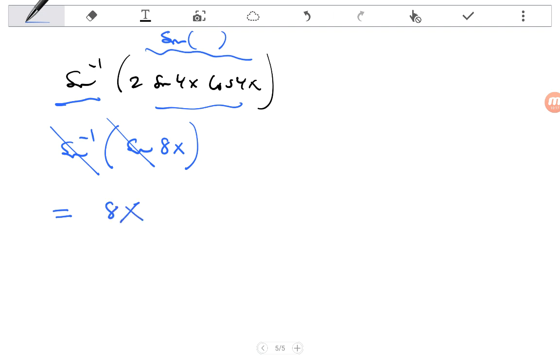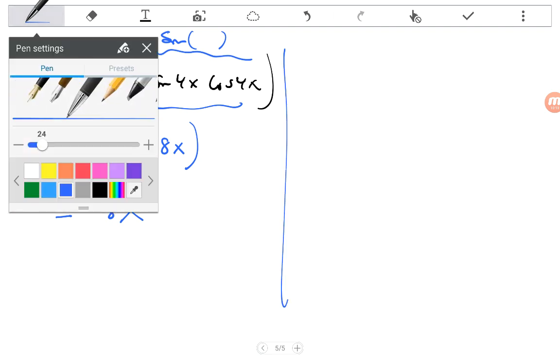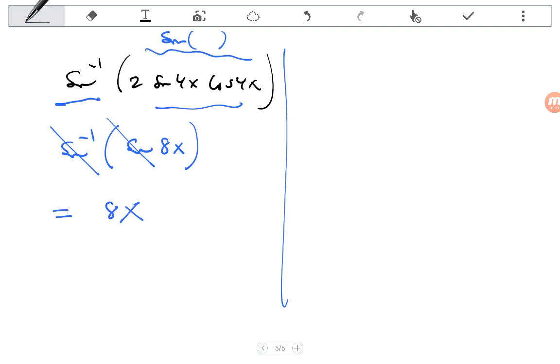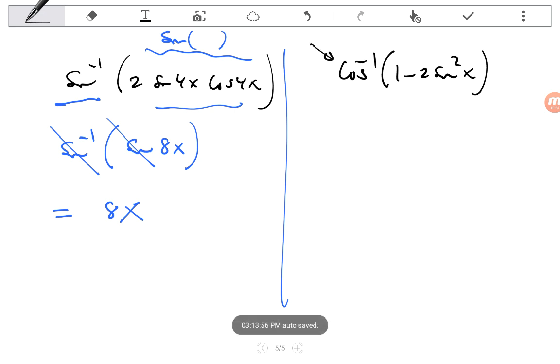Okay? What about this problem? Cosine inverse of 1 minus 2 sine squared x. Whenever the inverse function is inside, it is solvable by triangle, or any other easy method, as we have seen with simple cancellation.